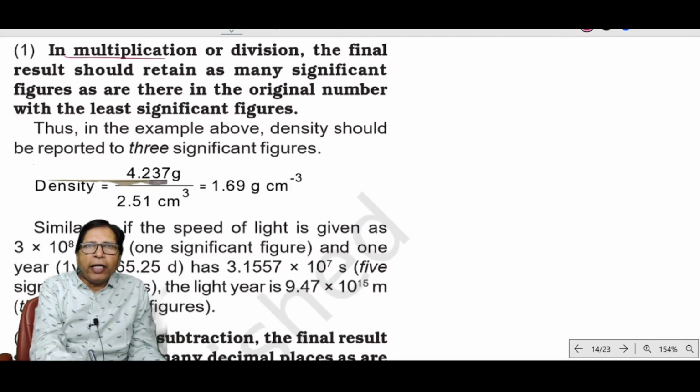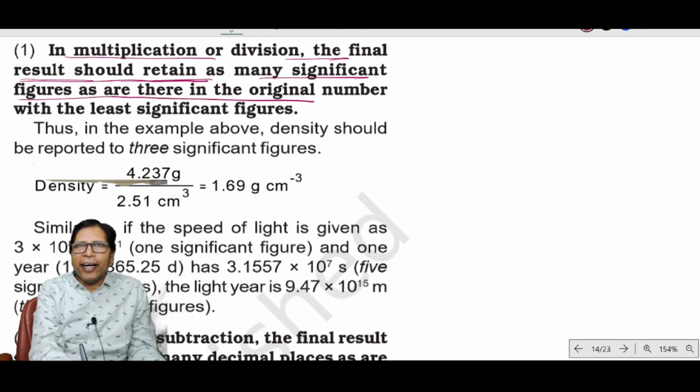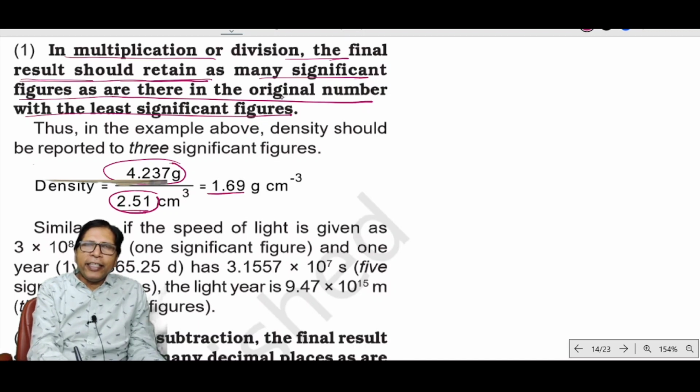In multiplication or division, the final result should retain as many significant figures as there are in the original number with the least significant figures. This figure has 3 significant figures, this has 4 significant figures, so the significant figures of the result are the same as the original number having the least significant figures.